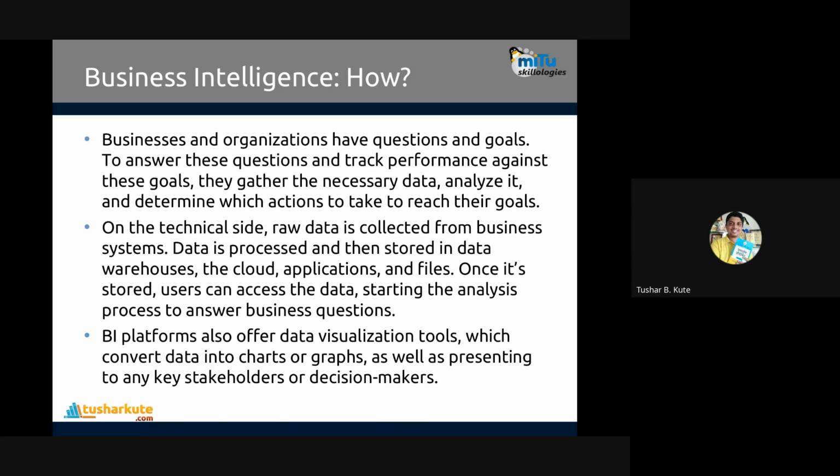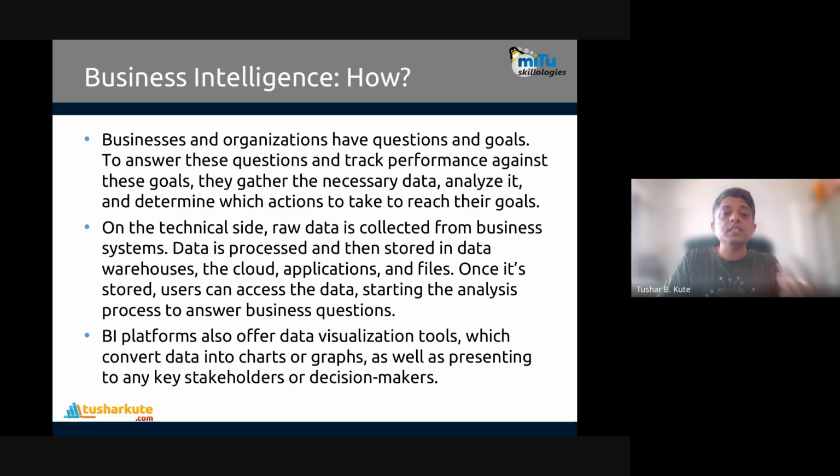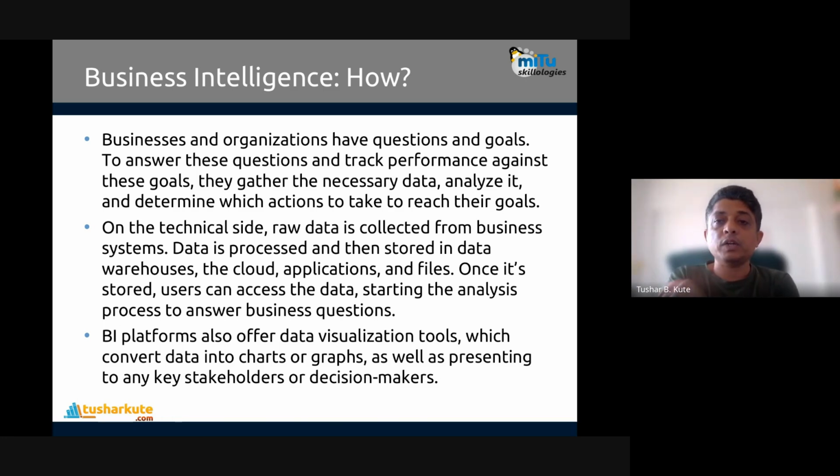What kind of data we may require to accomplish our goal, that would be decided. So they gather the necessary data, analyze it, and determine which action to perform on the respective goals.